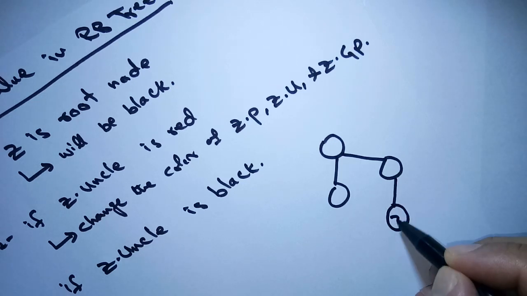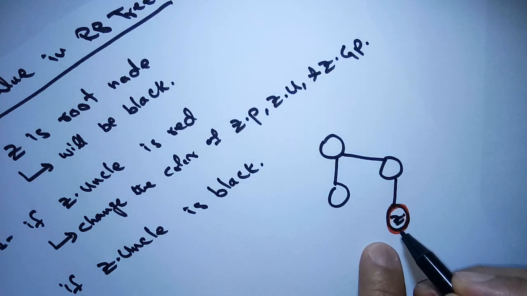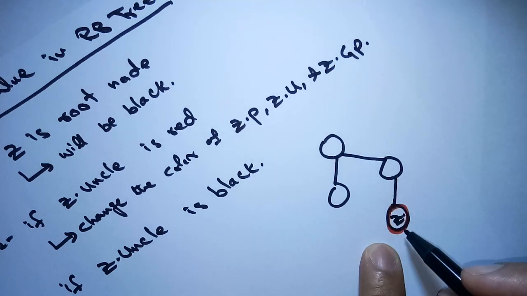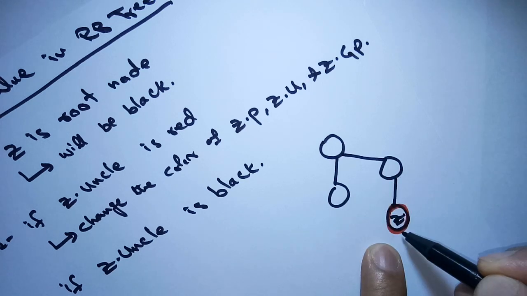This is the new node Z, so the color is red. We need to check the uncle of this Z. Uncle is the parent's sibling, right? So Z's parent is this one, and its sibling is the uncle of Z.